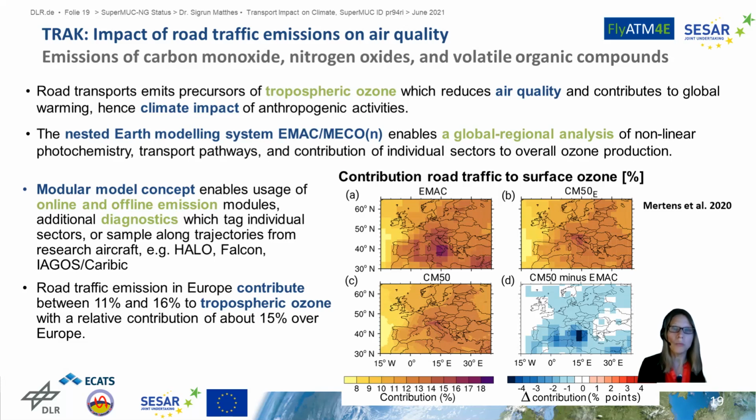And by zooming in with the Cosmo model, you see that the road traffic signal is changing depending on the resolution you're using. The orders of magnitude stay the same, but the signals get slightly larger. And with such assessments, you can identify the contribution of a specific sector to the overall ozone levels observed.